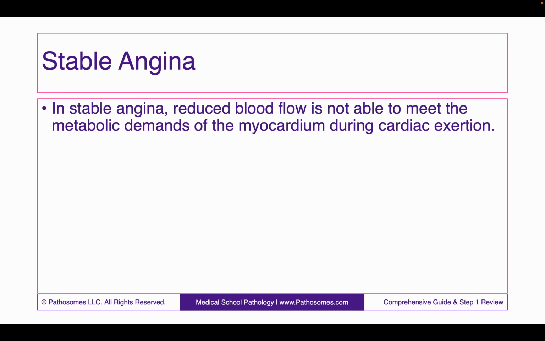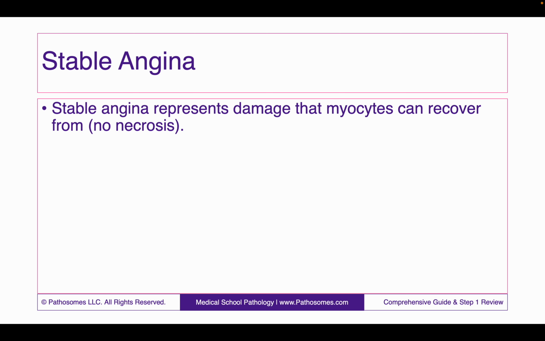In stable angina, reduced blood flow is not able to meet the metabolic demands of the myocardium during exertion. Stable angina represents damage that myocytes can recover from, hence reversible issues, hence no necrosis.